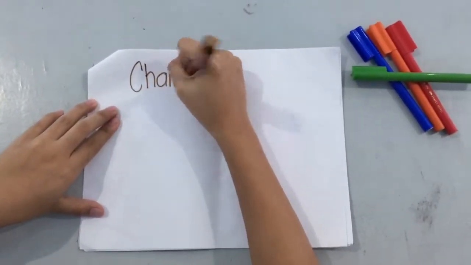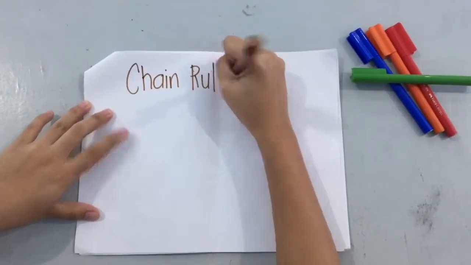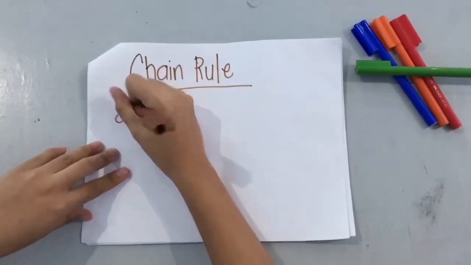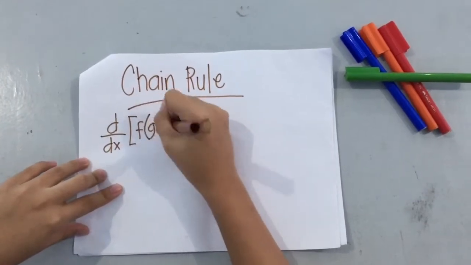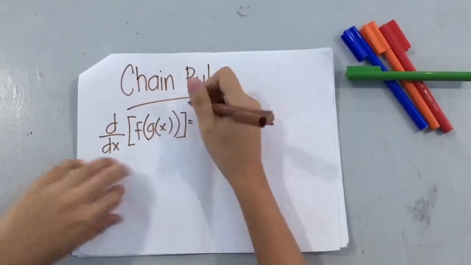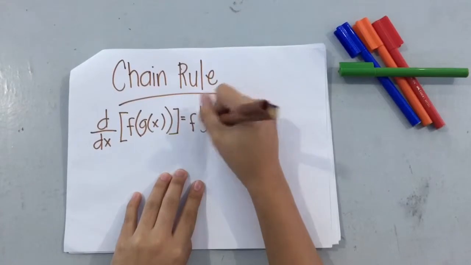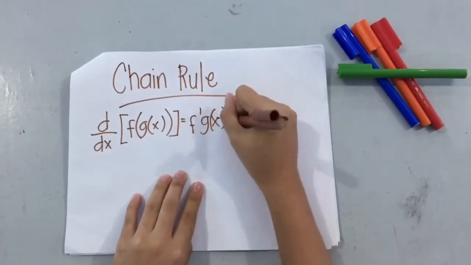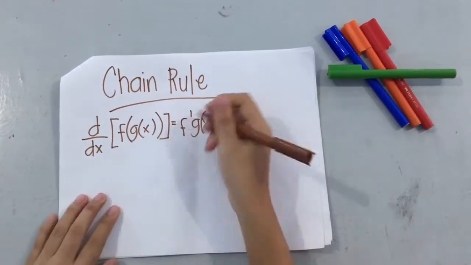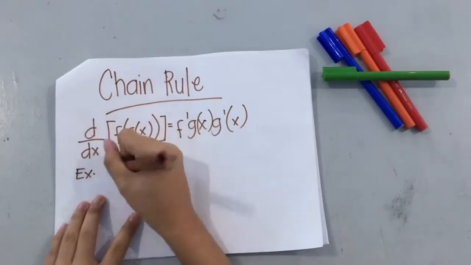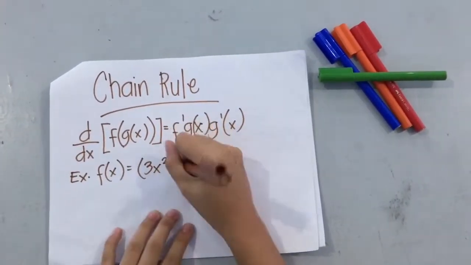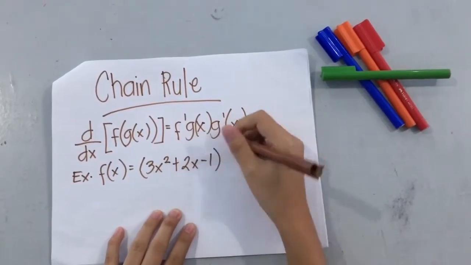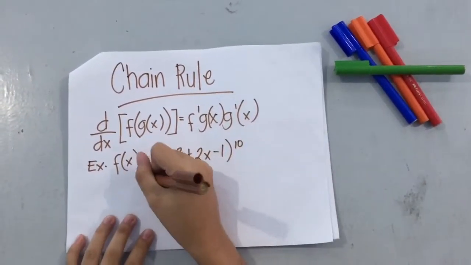Lastly, we have the chain rule. The derivative of f of g of x is equal to the first derivative of f of g of x multiplied by the first derivative of g of x. Example, f of x equals 3x squared plus 2x minus 1, raised to the 10th power. First, use the power rule.